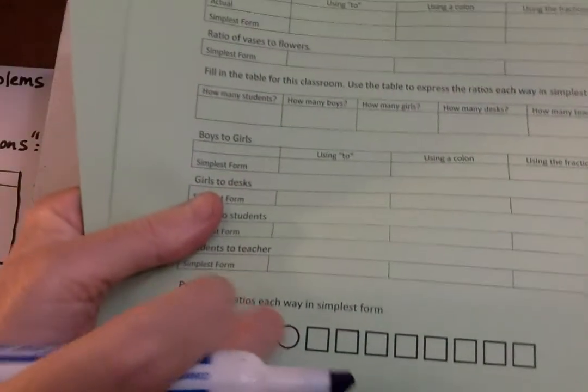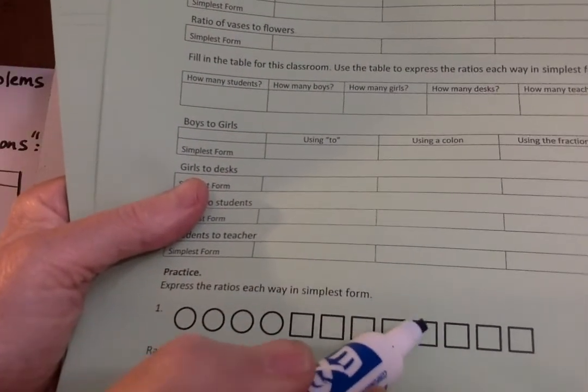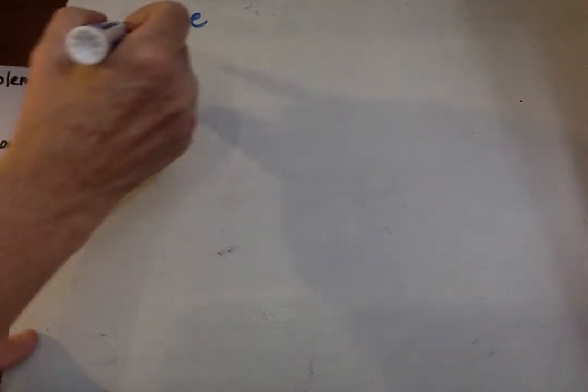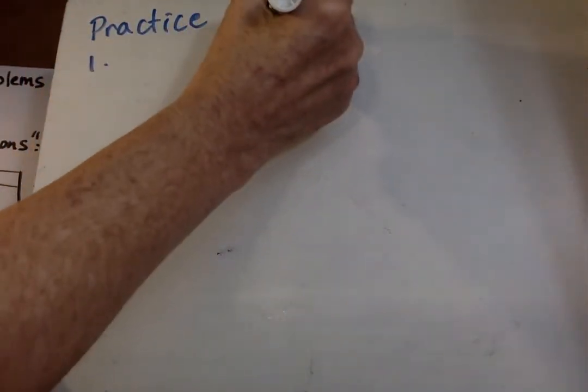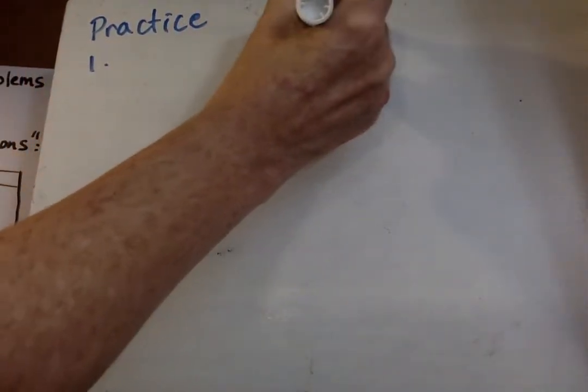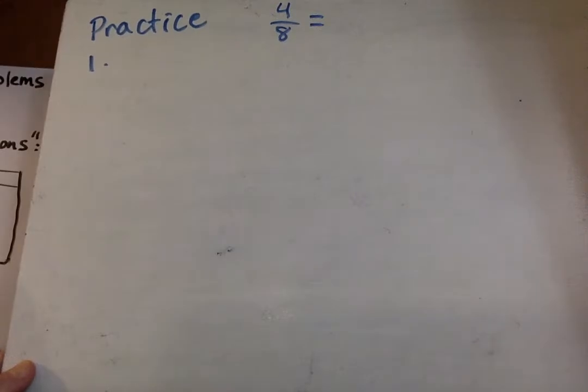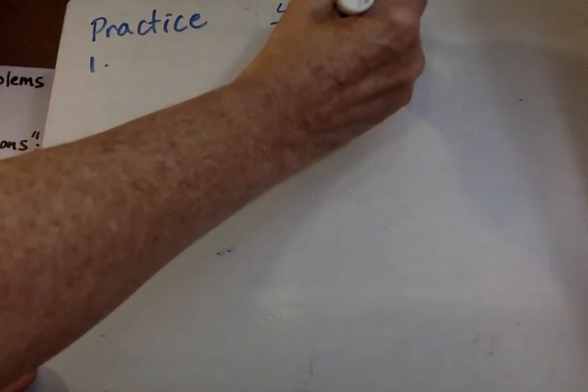So our practice here, number 1, express the ratios each way in simplest form. Now, the ratio of circles to squares. If we want to count the number of circles here, 4 circles. Squares: 1, 2, 3, 4, 5, 6, 7, 8. So I would think that's first 4 to 8, but if I write it as a fraction, 4 out of 8, we know that simplifies to 1/2.